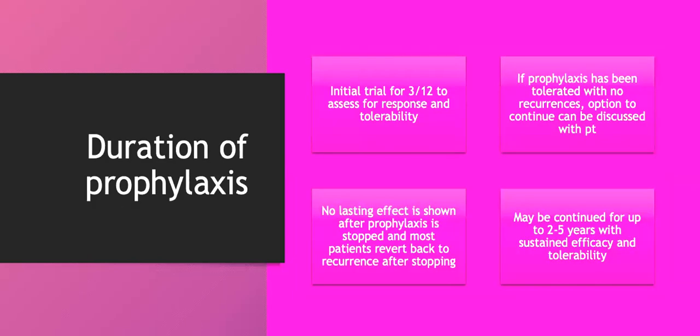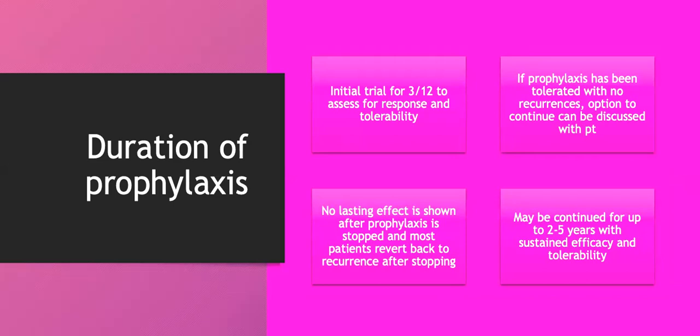And then in terms of duration of prophylaxis, the initial trial is basically for 3 months to assess for response and tolerability. If prophylaxis has been tolerated with no recurrences, the option is then there for you to continue with the patient, discussing with the patient if they want to continue.